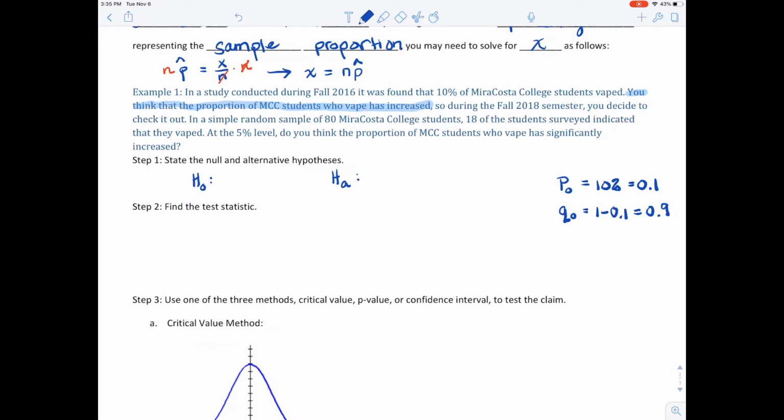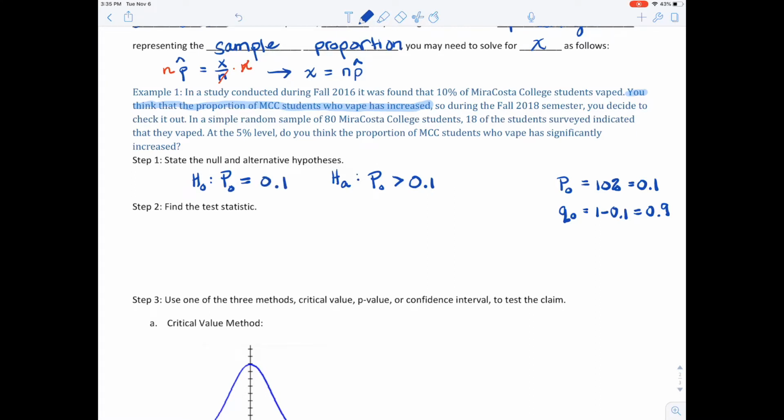So we think that the proportion should be greater than 10% because we think it increased, right? Well, under the null, it is equal to 0.1.